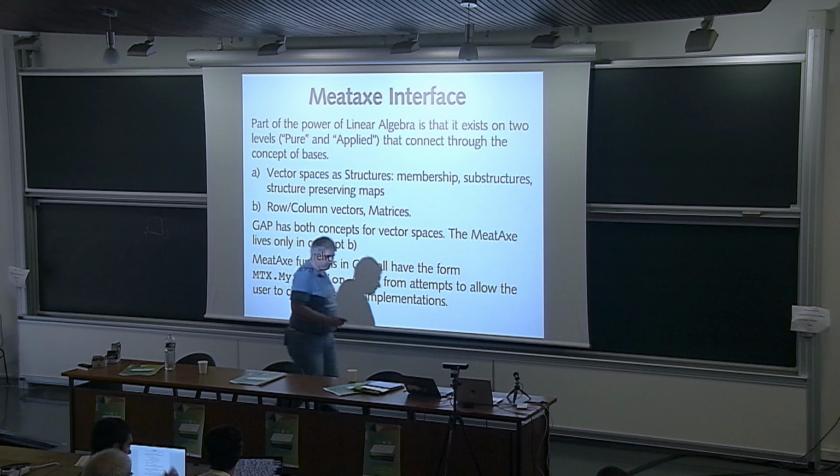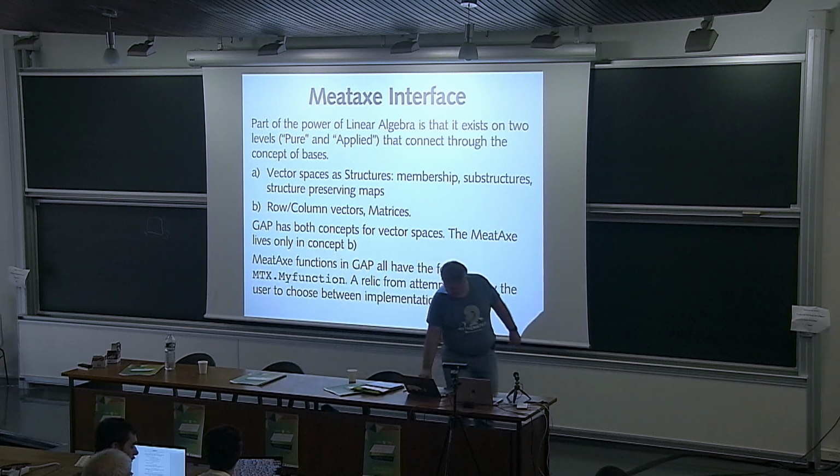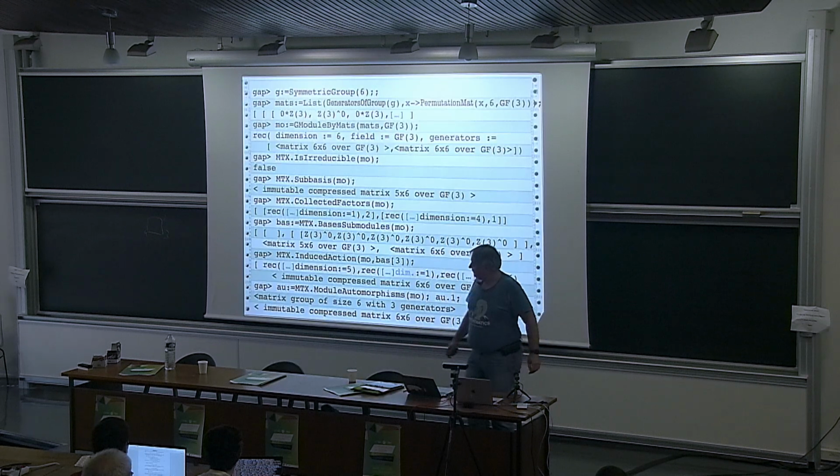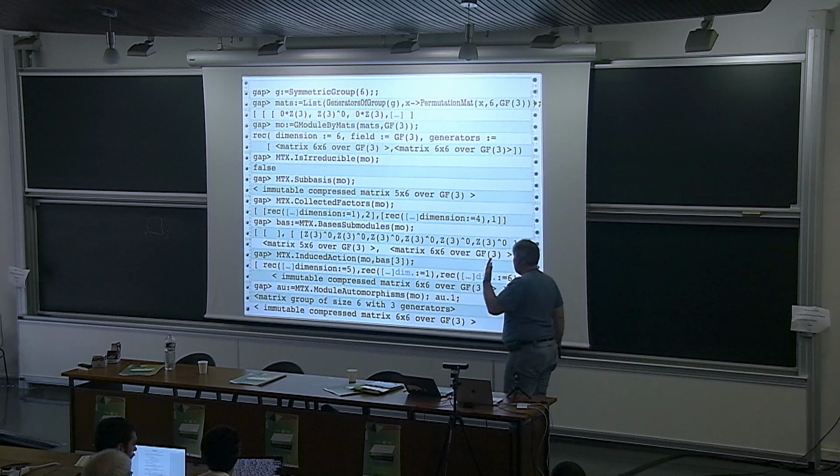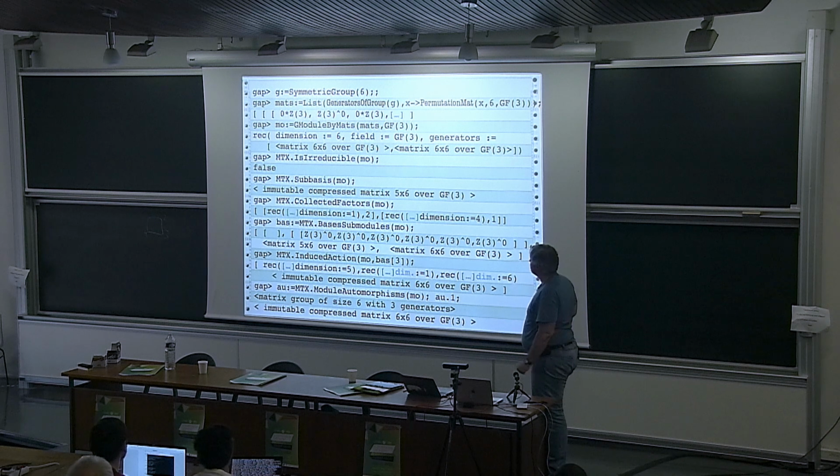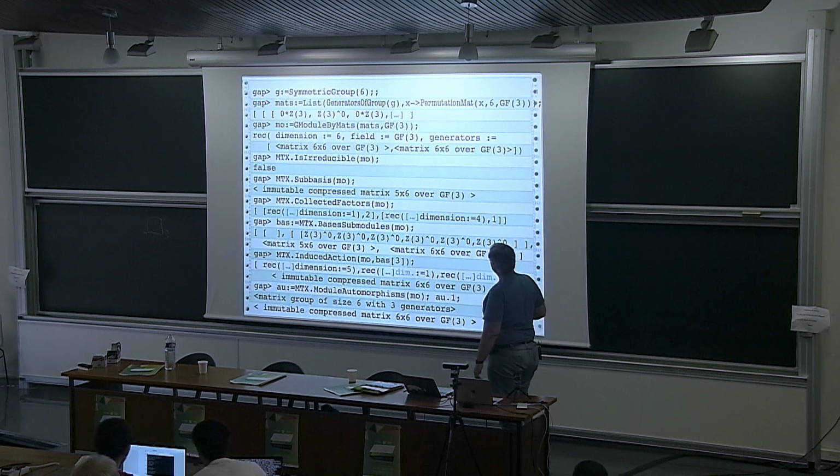So, yeah, how do we do this? These are just an example of a few of such MeatAxe functions. I take the symmetric group on 6 points just to make an example, and I write down permutation matrices for these generators.